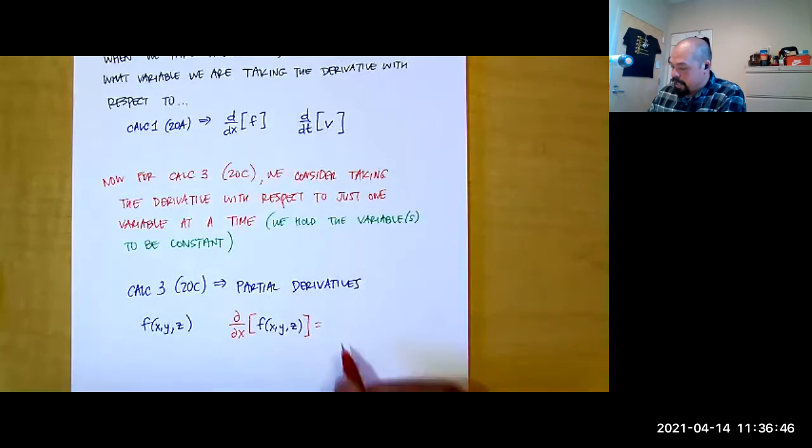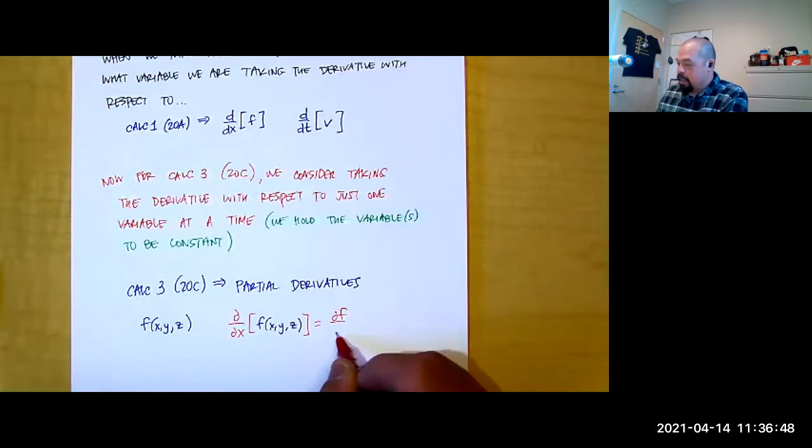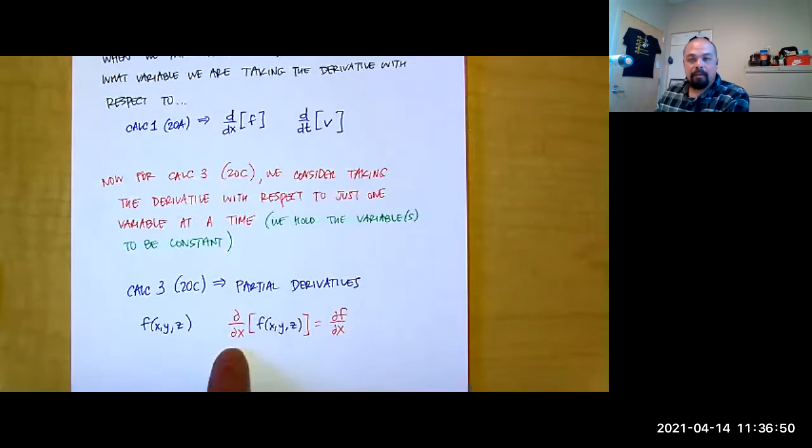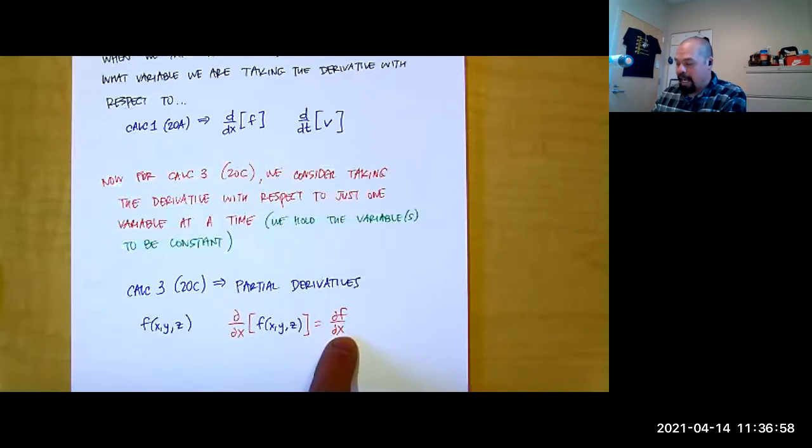So notation we can call df dx, and having that curly d identifies that it's just a partial derivative, that there are other variables that this function f depends on, and we're just taking the derivative considering x to be the variable changing.